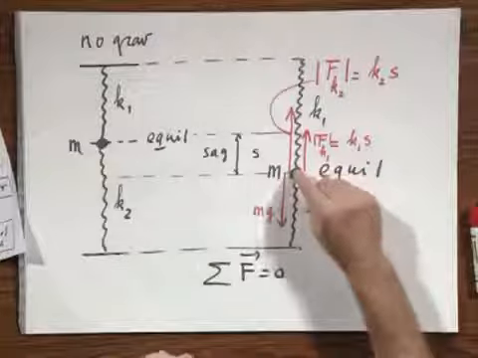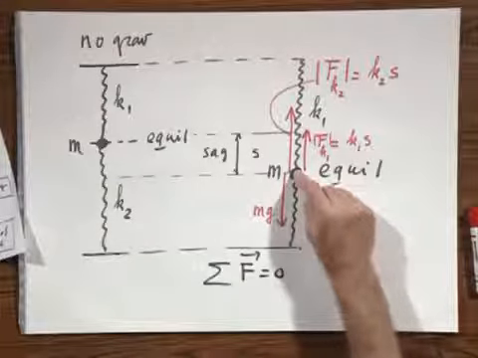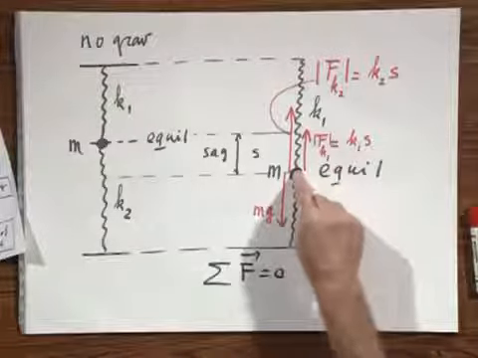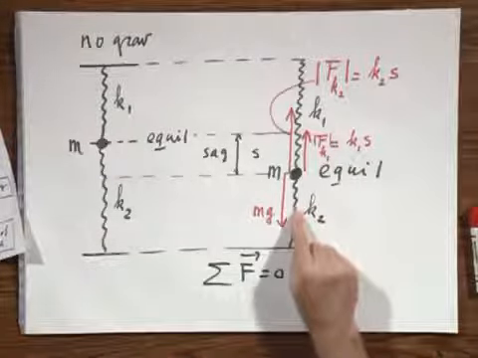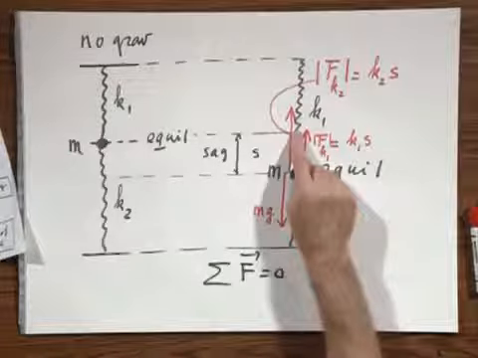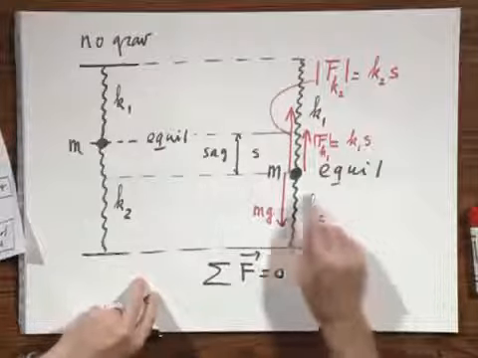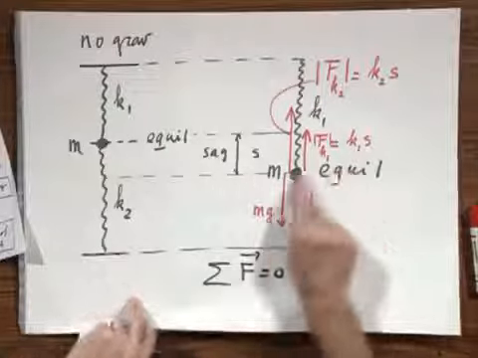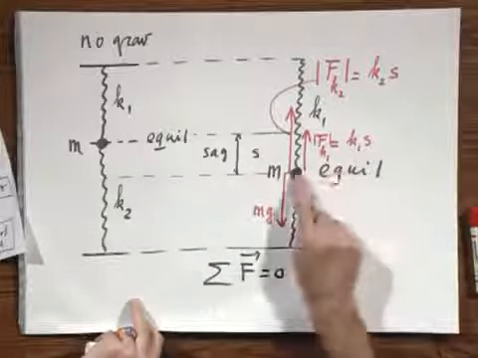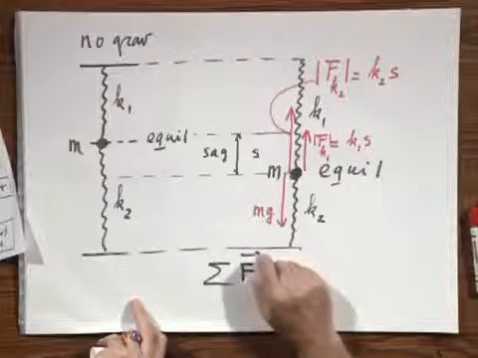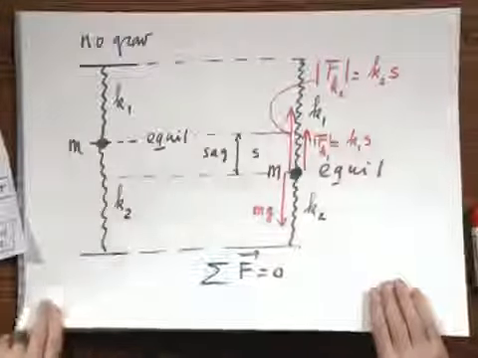Now comes an interesting part of this problem. Suppose now from this new equilibrium position, I move the object either down over a certain distance, or I move it up over a certain distance, and I let it do its thing. And the displacement from this new equilibrium position, I call this now y, so that we don't have any confusion with my x before.